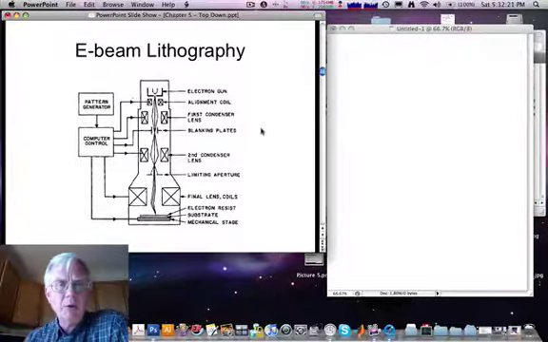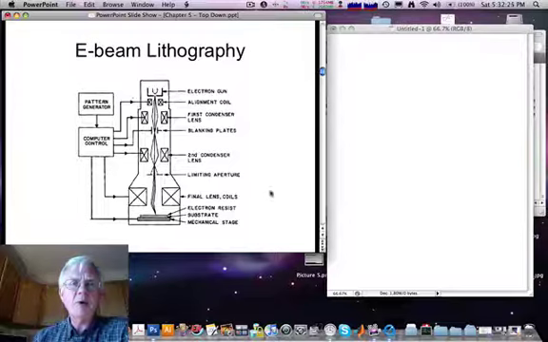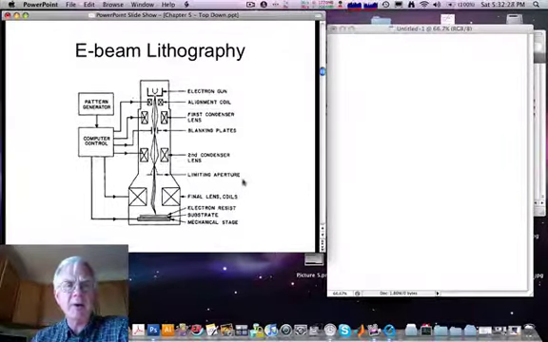We now turn to electron beam lithography. E-beam lithography parallels optical lithography, except the source of radiation that damages or strengthens the resist is an electron beam rather than a beam of light.